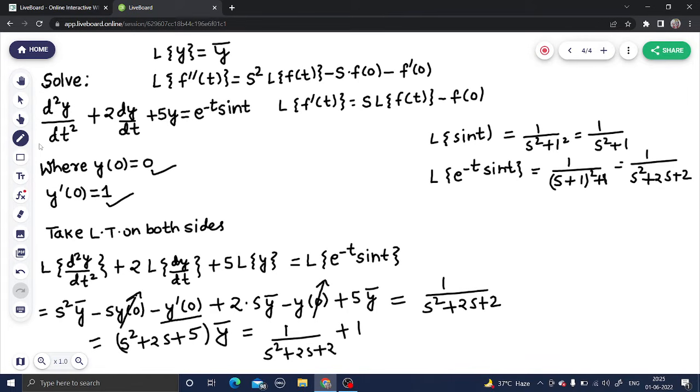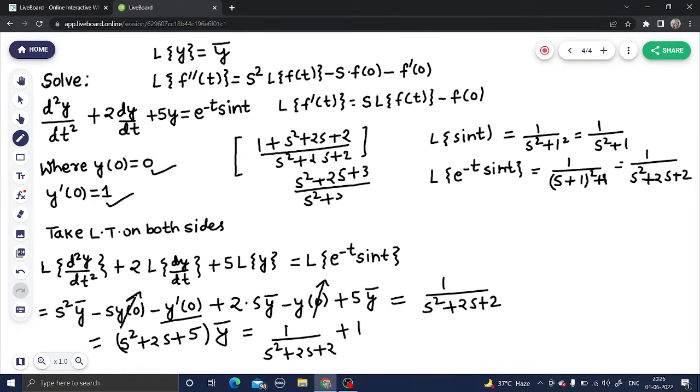So if you simplify this bracket, let us simplify it here. So this will be 1 plus s square plus 2s plus 2 divided by s square plus 2s plus 2. So this is giving us s square plus 2s plus 3 in numerator and s square plus 2s plus 2 in denominator.